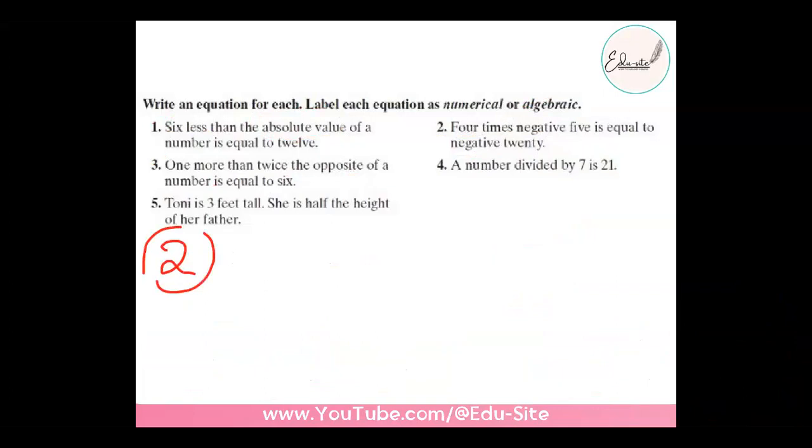Maisha started. Okay, so 4 times negative 5, 4 into minus 5. Excellent. That is equal to negative 20.